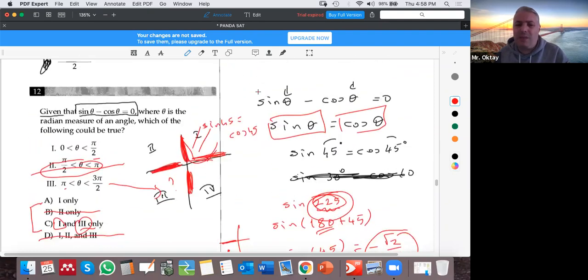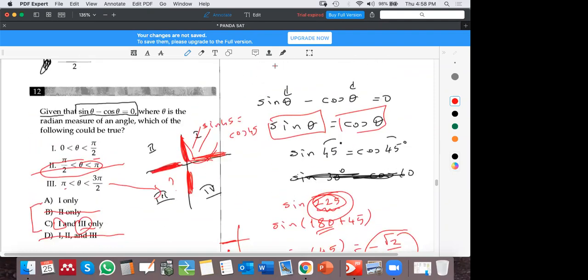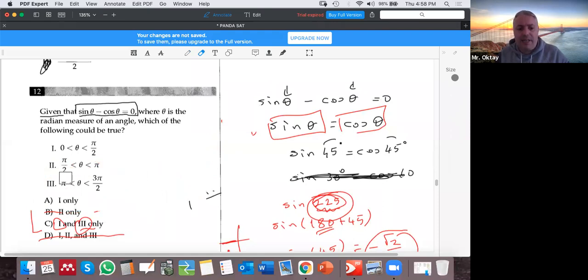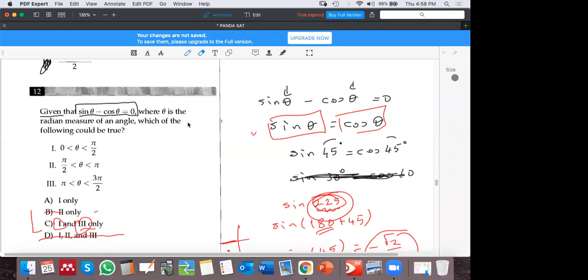What was your question, Usama? One more time. How did you know that, for example, pi over 2 is in which quadrant and 3 pi over 2 is in which quadrant? But we should memorize this. I understand. Okay, sorry. I thought you were asking something as I was looking at my phone. Okay, let me tell you. We have to memorize this, Usama.